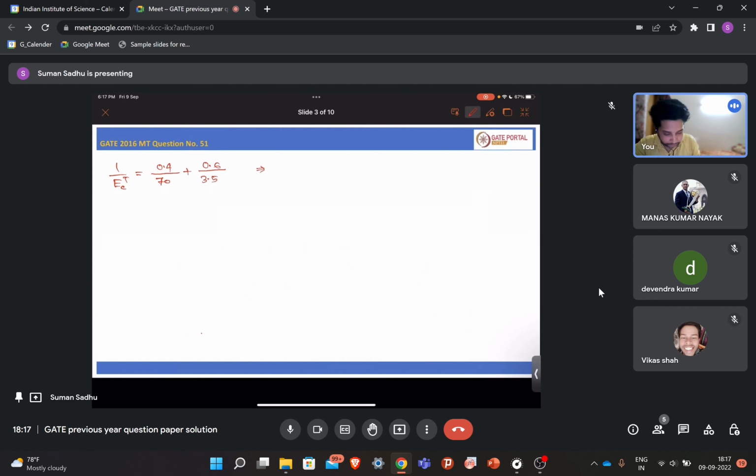So then what will be the elastic modulus? It will be 70 into 3.5 divided by 0.4 into 3.5 plus 0.6 into 70. So now if you calculate this one, you will get the elastic modulus in the transverse direction. So can anyone calculate and let me know the answer?